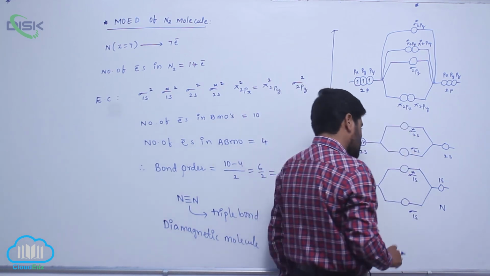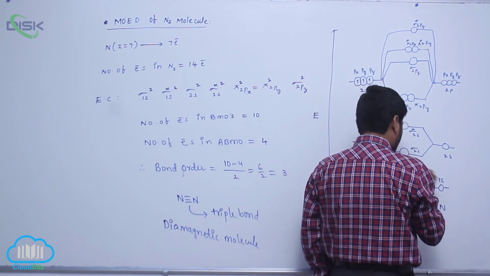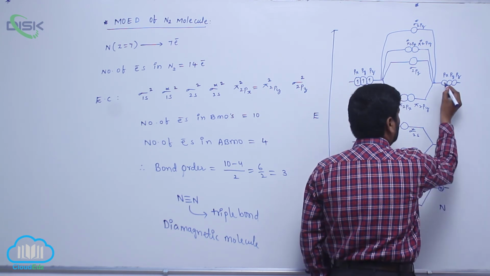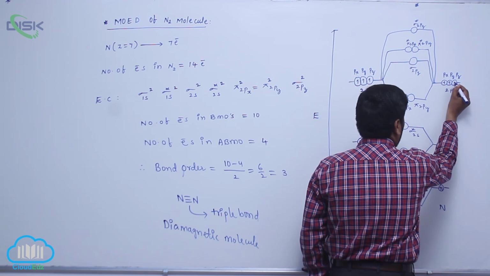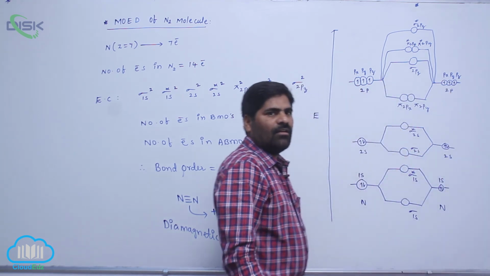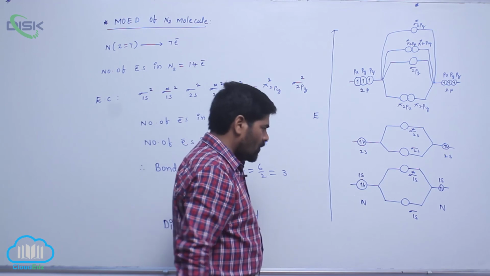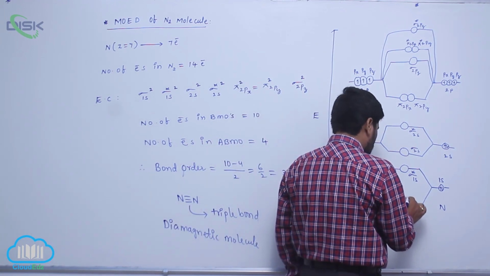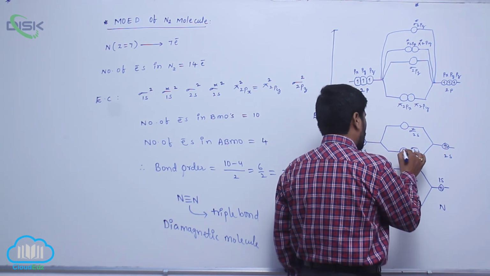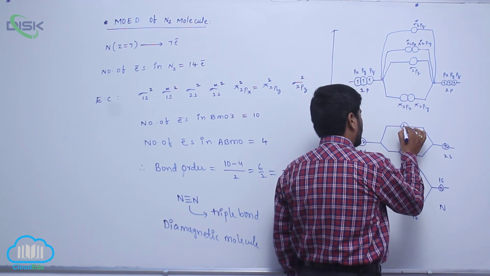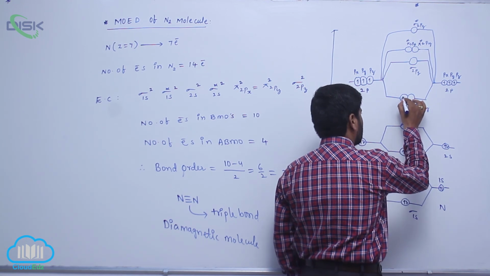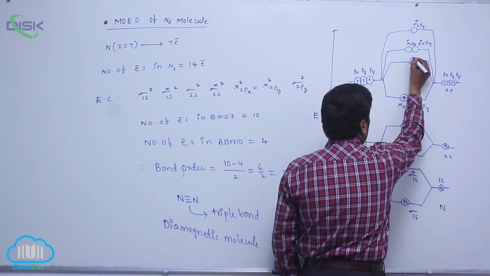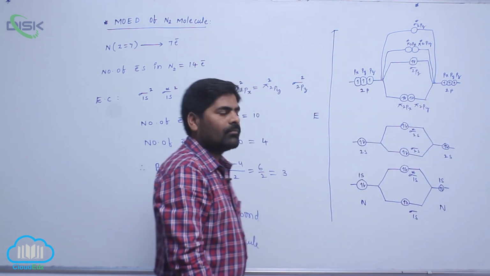The other nitrogen also contains 1s2, 2s2, x1, y1, z1. Now the first 2 electrons enter here, then 4, 6, 8, 10, 12 electrons, then 14 electrons.